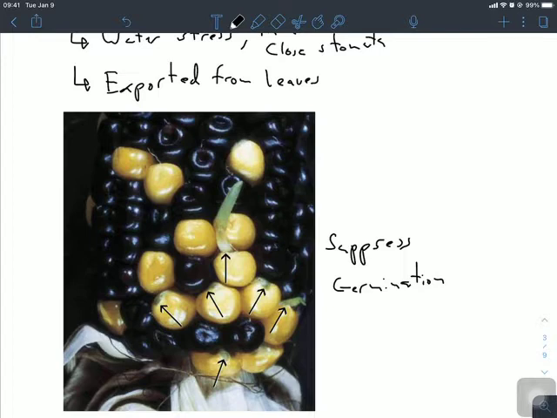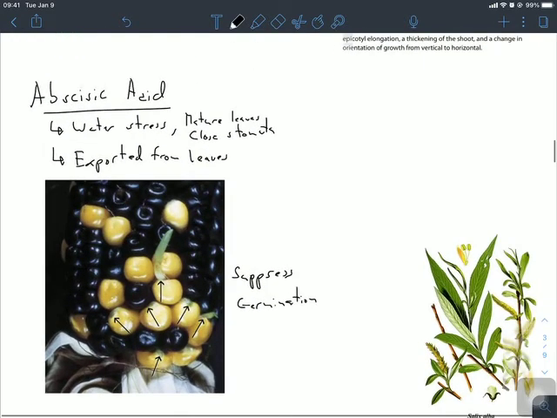They're not placed in the dirt, they're not in ideal conditions. This corn is so ready to go that it's going to try to become a plant while still attached to the cob. And so regulation of abscisic acid is very important in terms of making sure that you're timing your germination correctly.